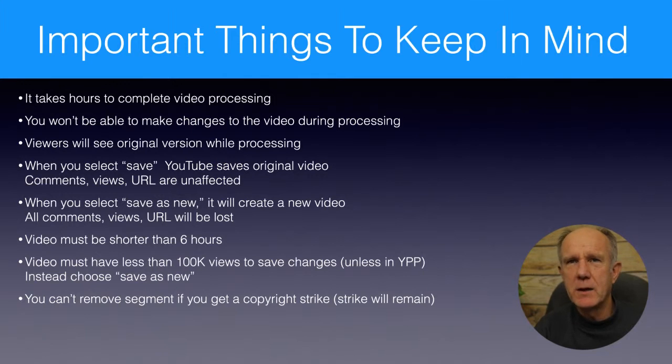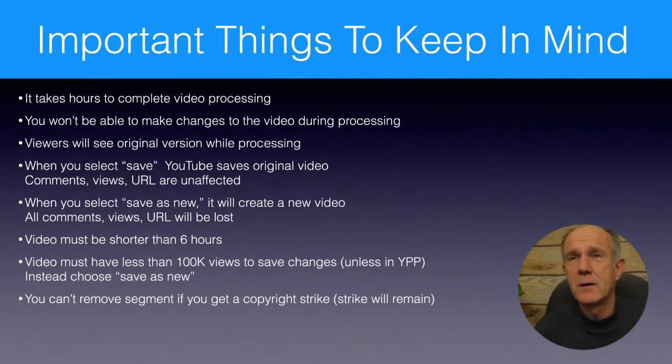And if you select save as new, this will create a new video. So you could extract, say, a short video. For instance, you could make a 3-minute video from your 10-minute video, give it a new title, a new description, tags, thumbnail, etc., and create a whole new video from the video that you've already created.